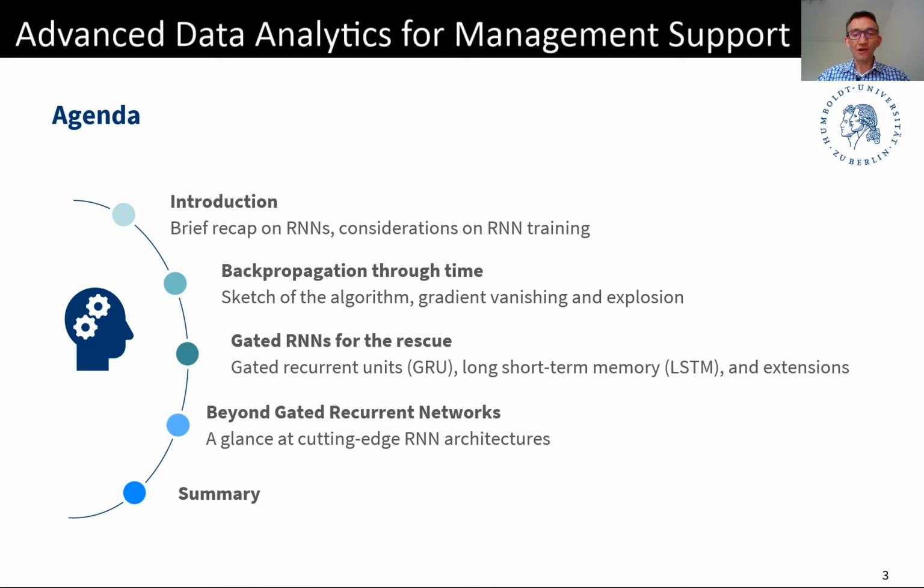We look at GRUs and LSTMs, which remedy specific problems of training recurrent neural networks. And in the last part, we will look briefly into some recent developments in the field and provide a glance at cutting-edge recurrent neural network architectures. So that is the package of our lecture. Let's get going.